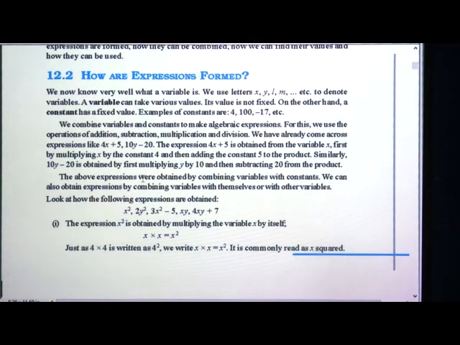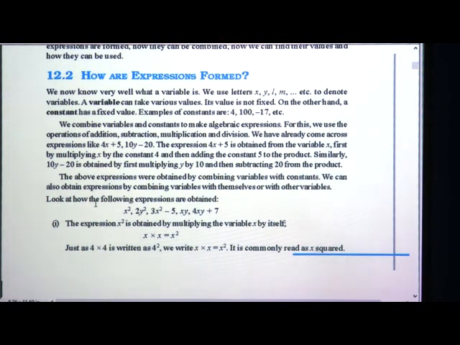So the above expressions were obtained by combining a variable with constants. We can also obtain an expression by combining a variable with itself or with other variables.